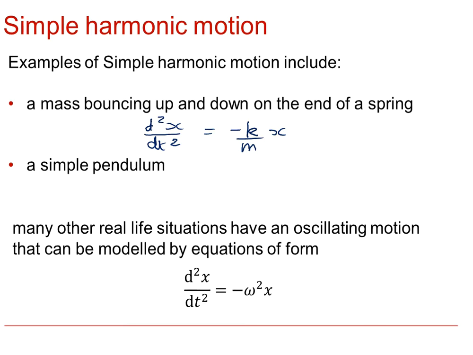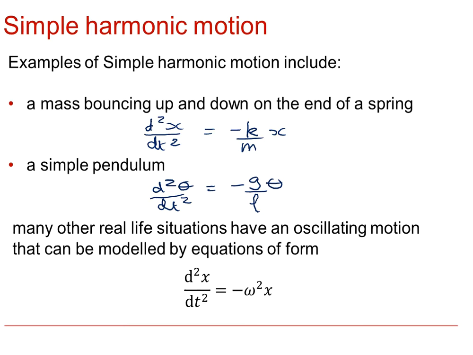A simple pendulum has d²θ/dt² equals minus g over L θ, where g is acceleration due to gravity and L is the length of string. You may have come across these in physics lessons or had a personal experience if you've ever done a bungee jump.